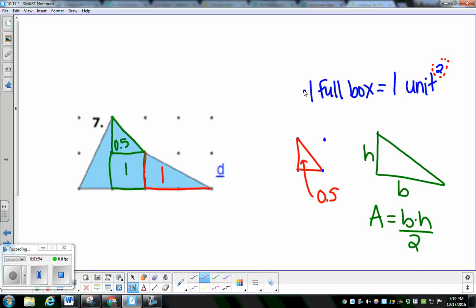Another way you could look at that as 1 unit is if you thought about this whole rectangle right here. Well, you know that rectangle is 2 boxes, and you can tell that that triangle is half of that rectangle, so it's 1 unit. Now we have another triangle over here.